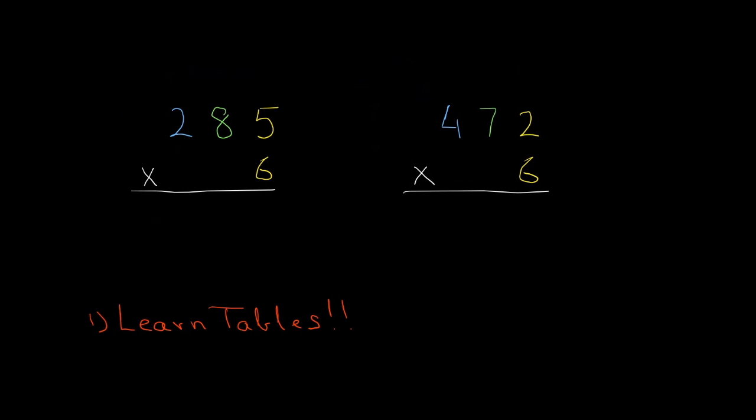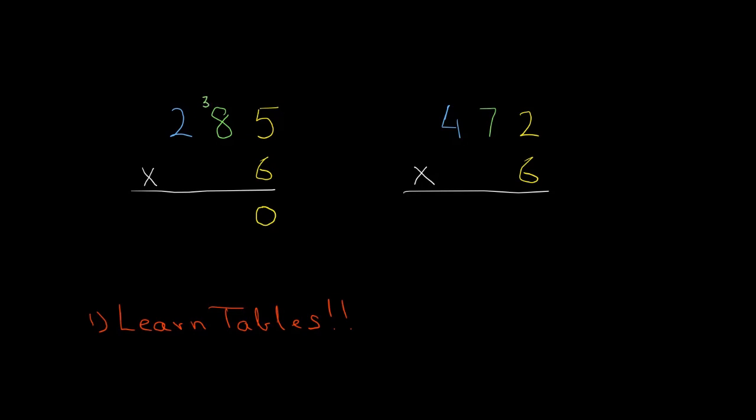So 6 fives are 30, I know that much. This is the ones place, so I show the 0 in the ones, but the 30 becomes 3 tens, so I keep the 3 tens right over here as a reminder.